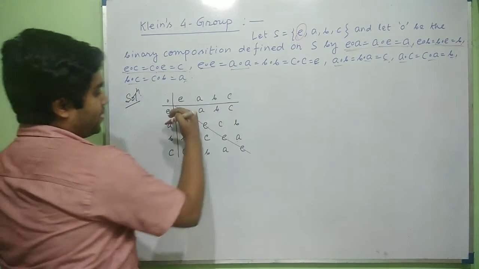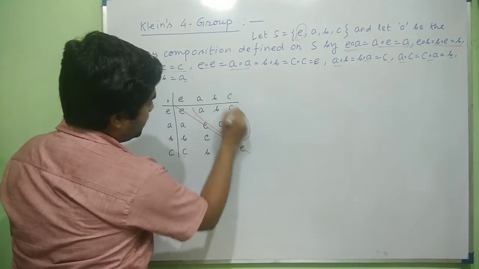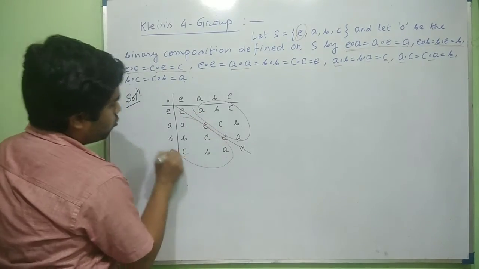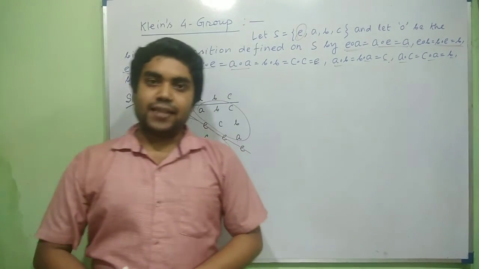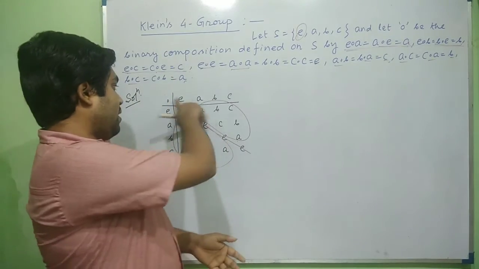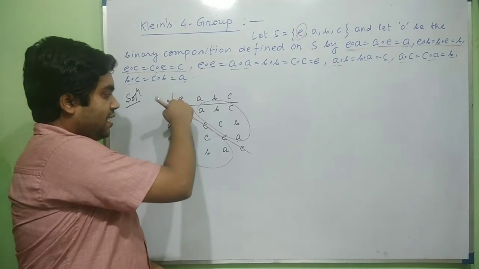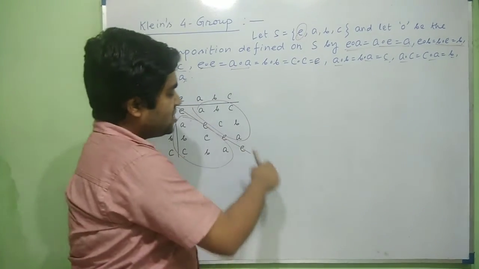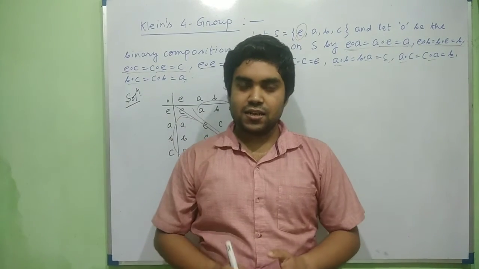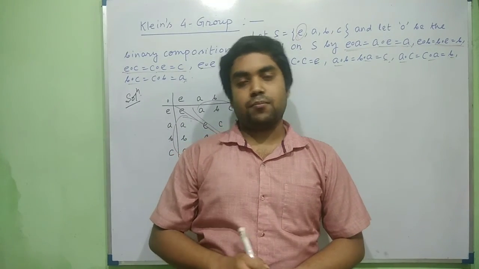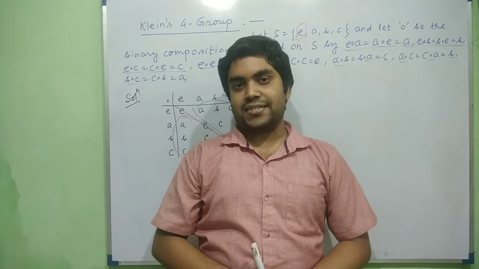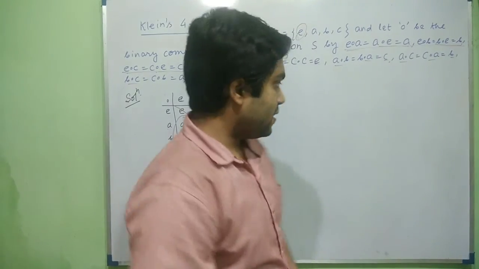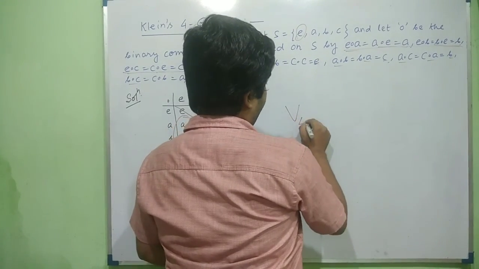So this portion is an image of this portion. So from this it is clear that the composition table is symmetric about the principal diagonal. Hence this is a commutative group of order 4, and this group is known as Klein's 4 group, and it is denoted by V4.